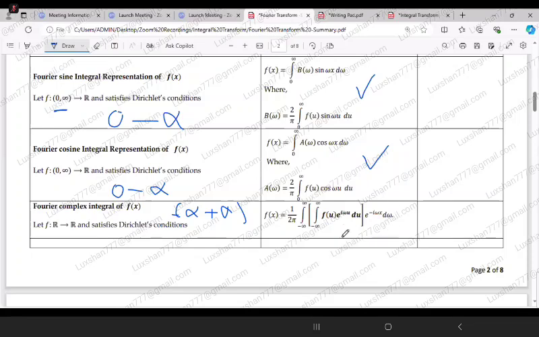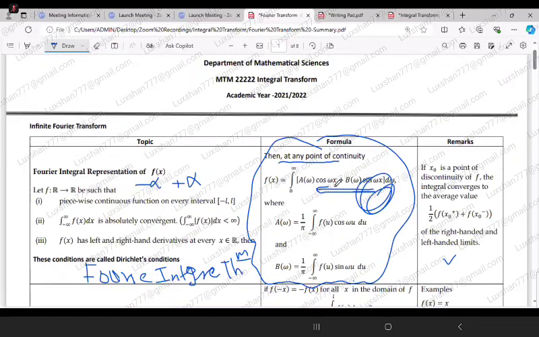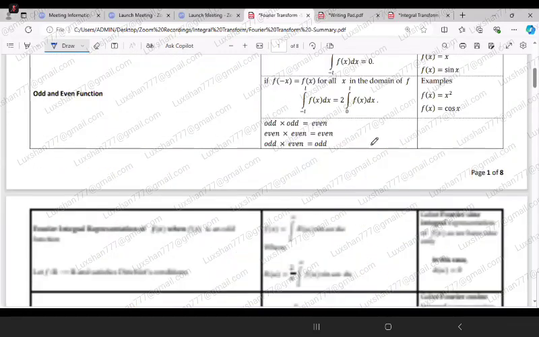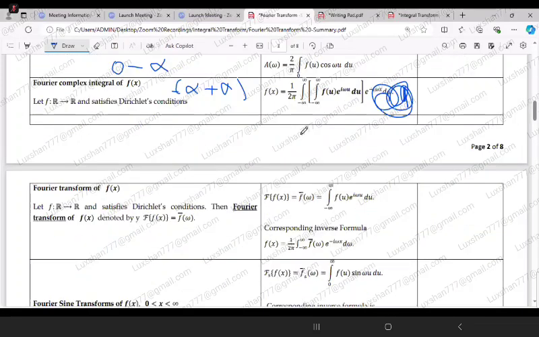This is called the Fourier complex integral representation of the function. This one and this one are the same: this is the trigonometric version, and this one is the complex version. This is also minus infinity to plus infinity.